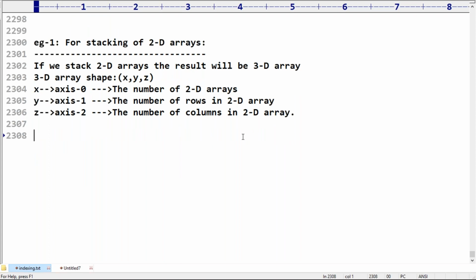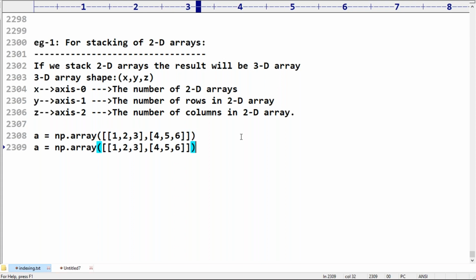Example one: a is equal to np.array of a 2D array, 1 2 3 and 4 5 6. Next, b is equal to 7 8 9 and 10 11 12.